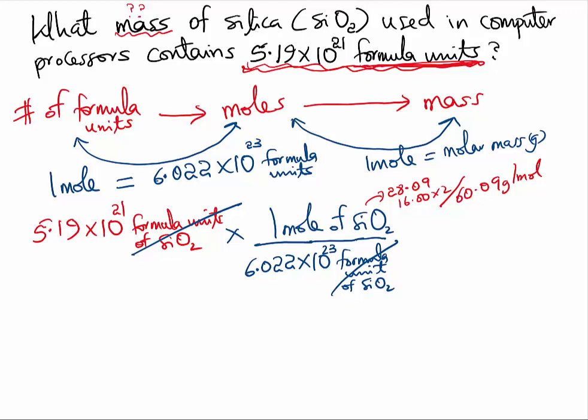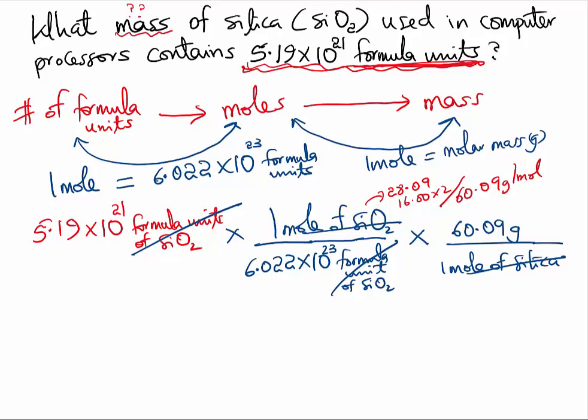So the conversion factor here will be 1 mole of silica has a mass of 60.09 grams, and moles of silica will cancel out, and your calculator will complete the rest.